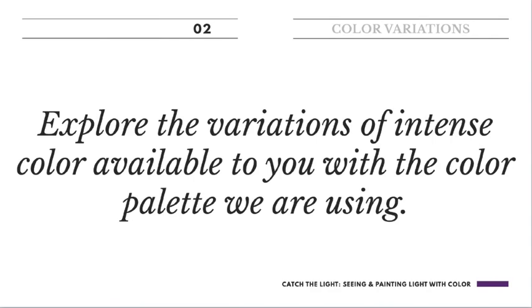We've also added some additional colors to our palette for this course, so make sure you're using the full range of possibilities. Use the chart that we create in the second lesson to identify what some of those variables are and what options are there for you to choose from.